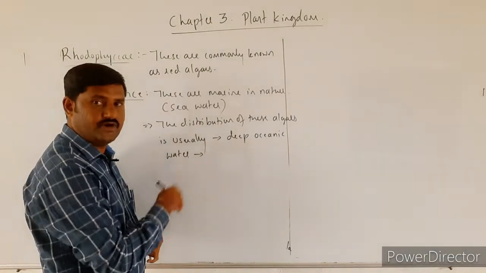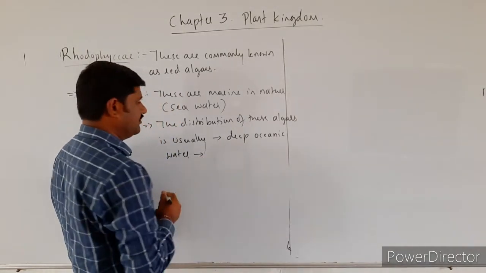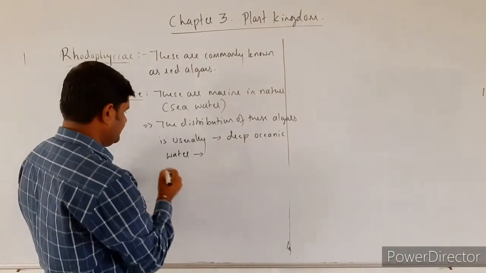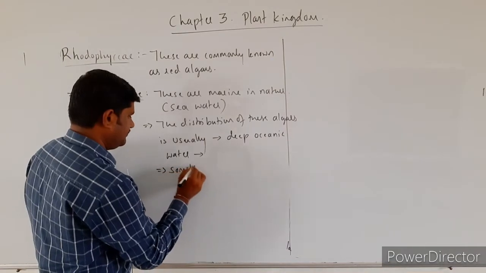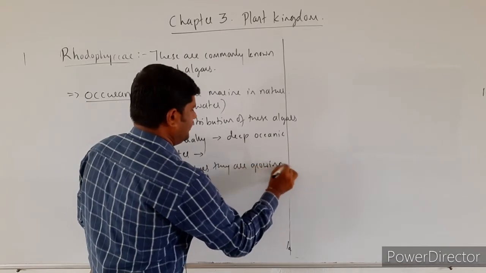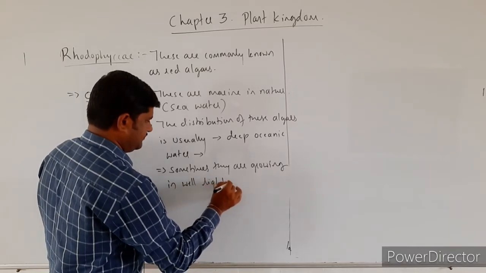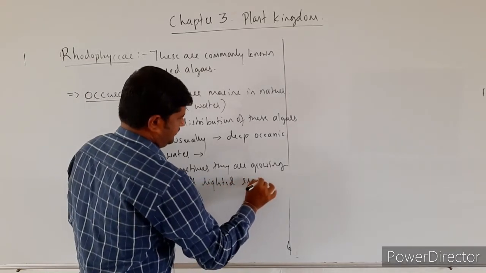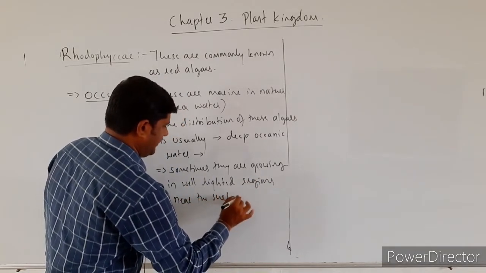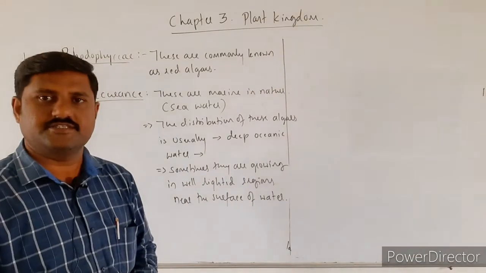Deep oceanic water means they are growing at depth. And sometimes they are growing in well lighted regions near the surface of water. There also they can exist.